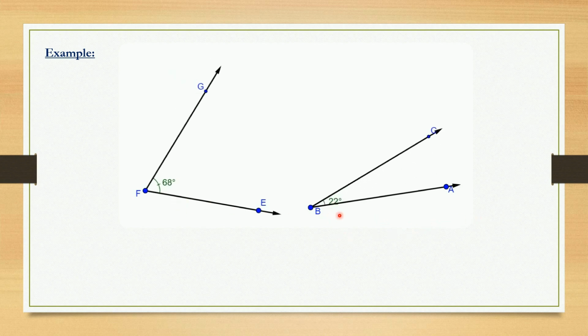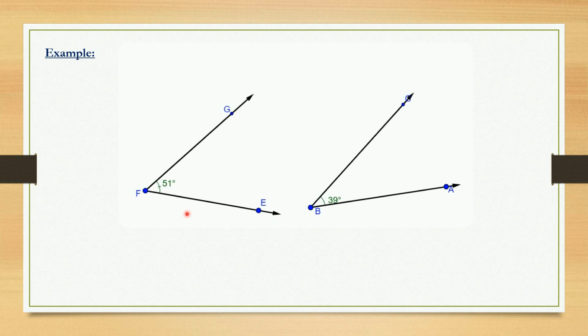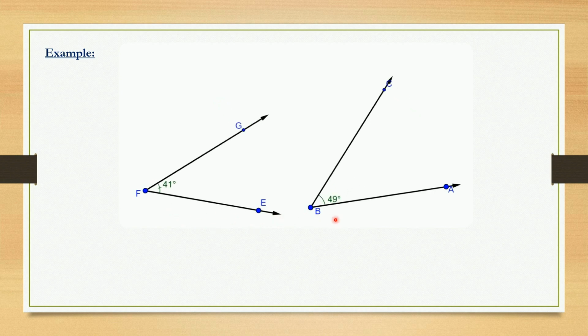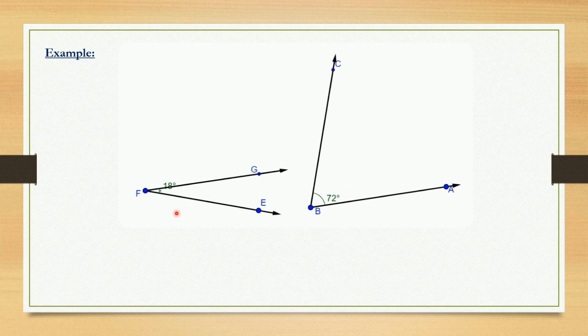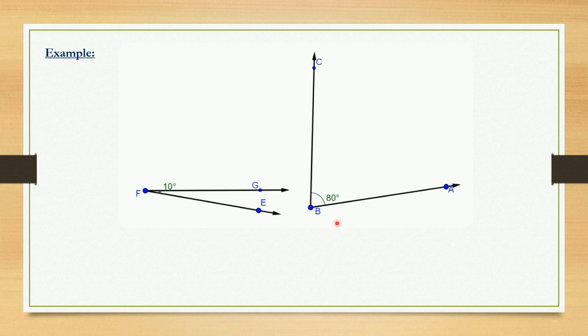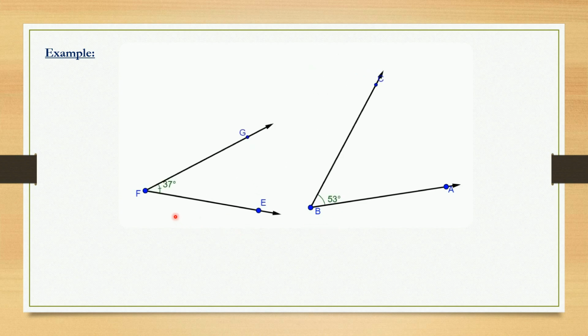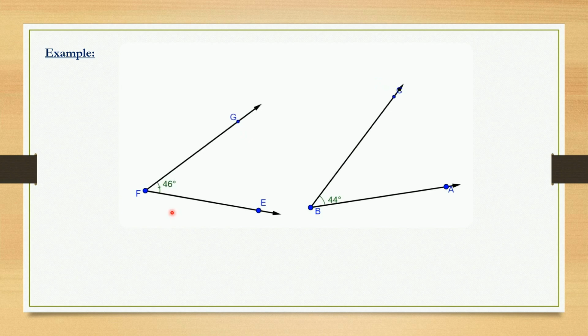68 plus 22, 90 degrees. 51 plus 39, also 41 plus 49 equals 90. 18 plus 72, 7 plus 83, 46 plus 44, 45 plus 45.